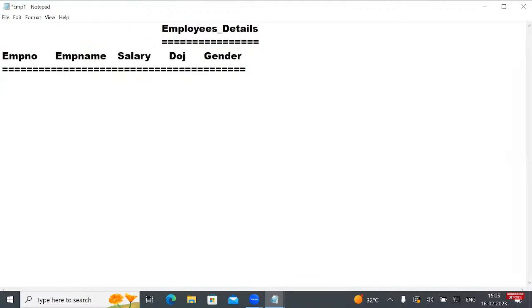So one employee number, employee name is called, for example, Smith. His salary, for example, 1000 rupees. He joined, for example, 03, so 1942 or 43, something. And what is the gender here?